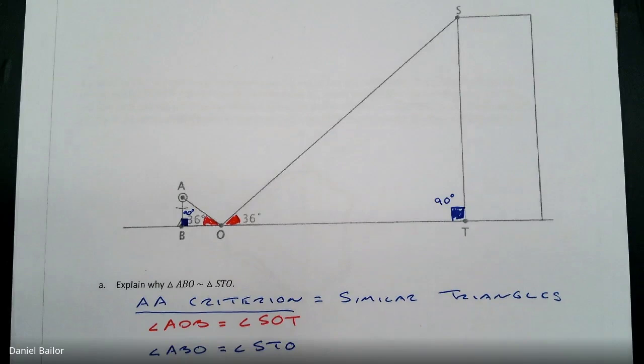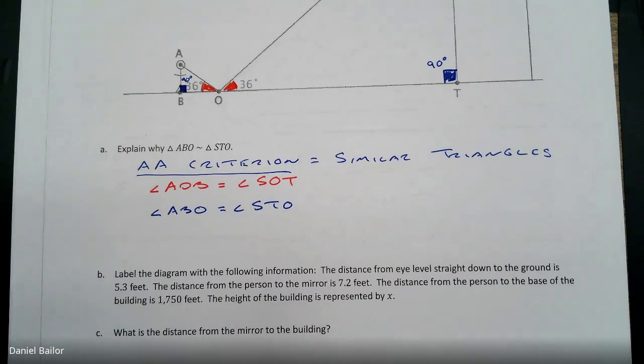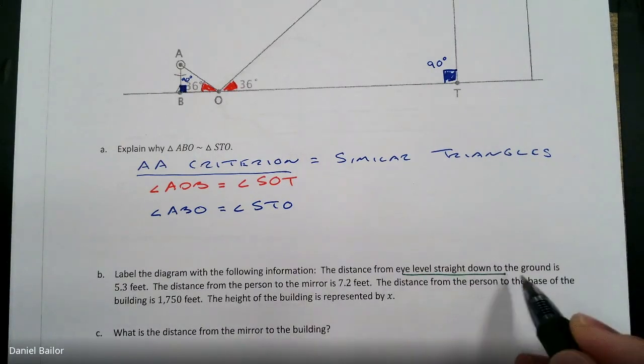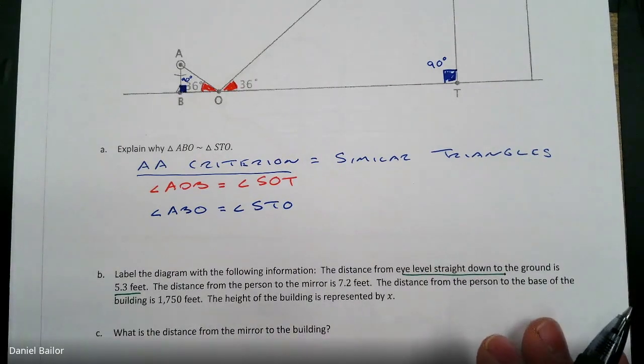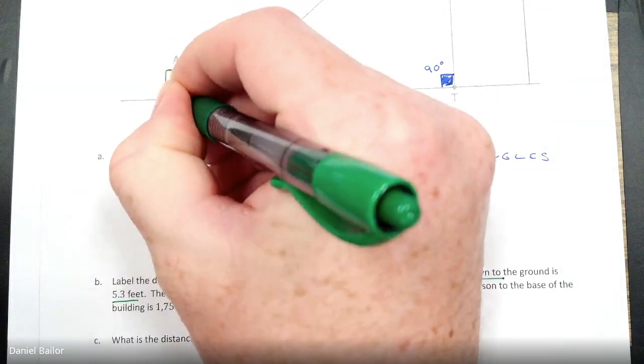So part B, we know they are similar, so now let's label. Label the diagram with the following information. First, the distance from eye level straight down is 5.3. So eye level straight down is this side right here.